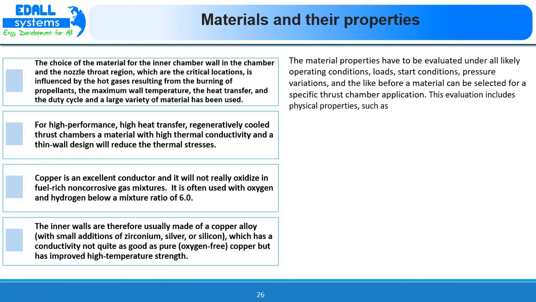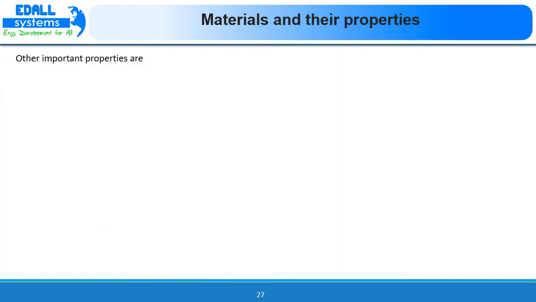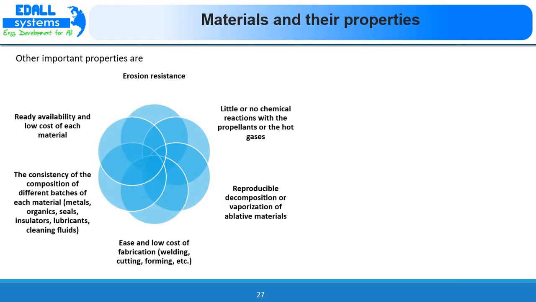This evaluation includes physical properties such as tensile and compressive strength, yield strength, fracture toughness, modulus of elasticity, thermal conductivity, coefficient of thermal expansion, specific heat, reflectivity, density, etc. Then there are some other important properties: erosion resistance, little or no chemical reaction with the propellant or the hot gases, reproducible decomposition or vaporization of ablative materials, ease and low cost of fabrication, that is welding, cutting, forming, etc. The consistency of the composition of different batches of each material, that is metals, organics, seals, insulators, lubricants, cleaning fluids, and ready availability and low cost of each material.